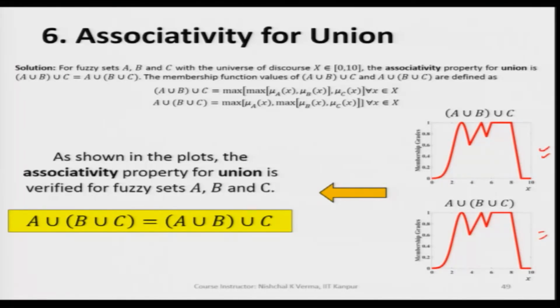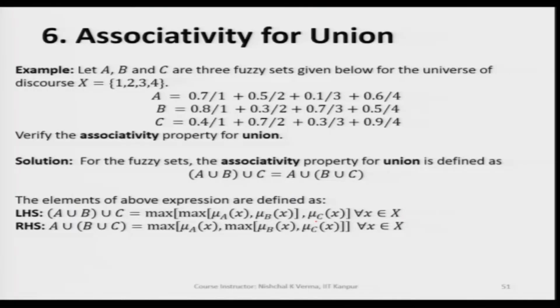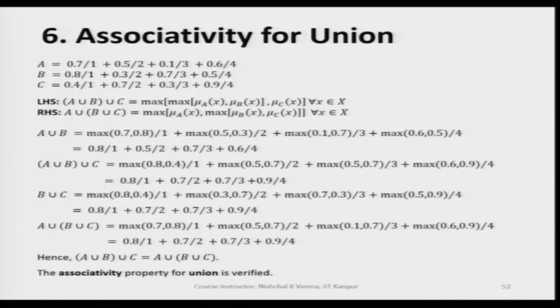Now, the same can be tested, same can be checked by taking the discrete fuzzy sets A, B and C. So, if we take these three fuzzy sets A, B and C, we find here, if we directly go to the outcome of A union B and then union C, we are going to get this as the outcome.